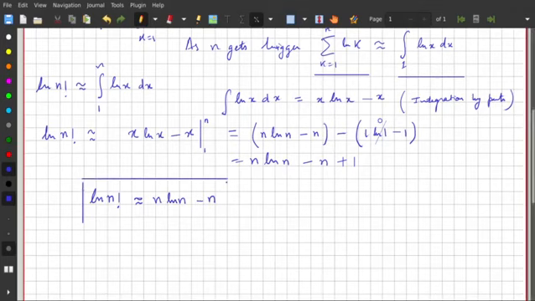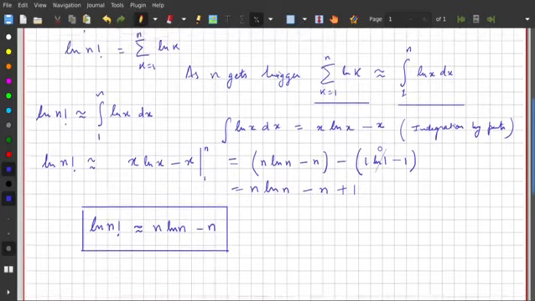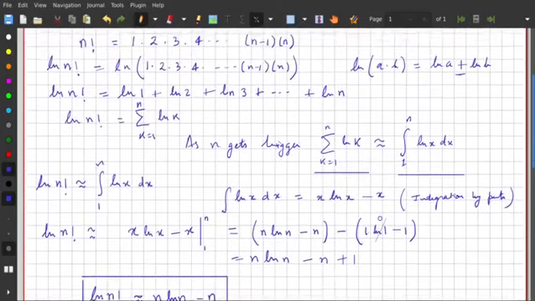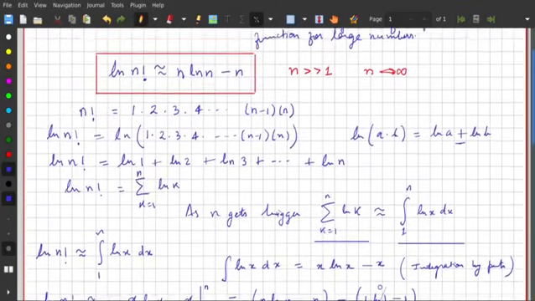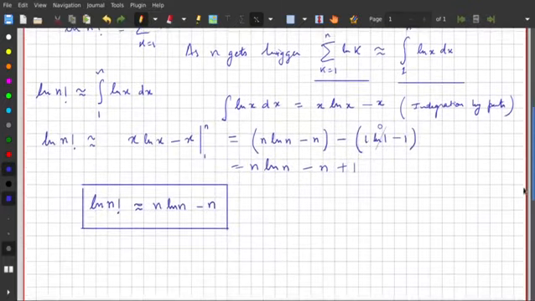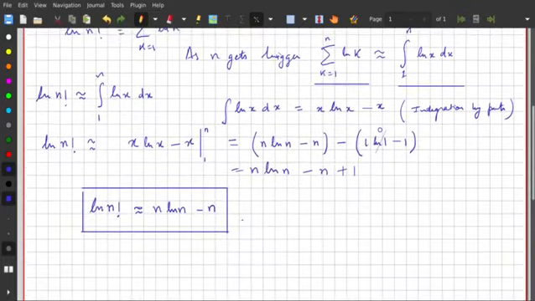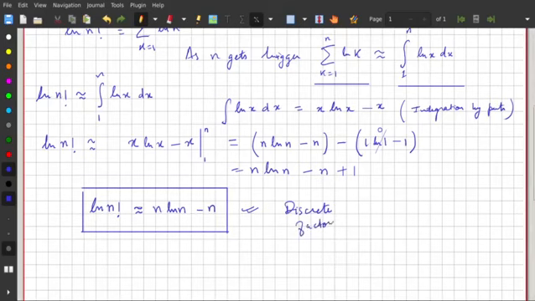Yes, and this is the most frequent expression that we use in statistical mechanics, by the way, because in statistical mechanics what we always do is start by counting the number of possible ways. So we are doing a lot of permutations and combinations, and there we have a lot of factorial functions. So this expression converts the discrete factorial function to a continuous one.